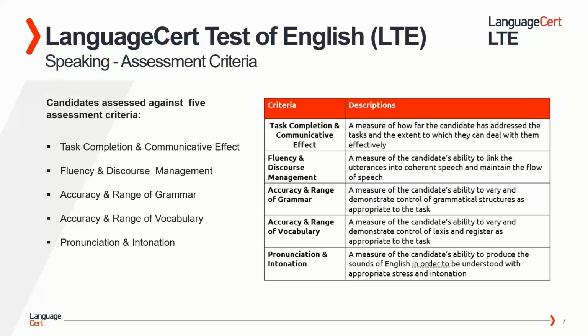Accuracy and range of vocabulary, a measure of the candidate's ability to vary and demonstrate control of lexis and register as appropriate to the task. Pronunciation and intonation, a measure of the candidate's ability to produce the sounds of English in order to be understood with appropriate stress and intonation.